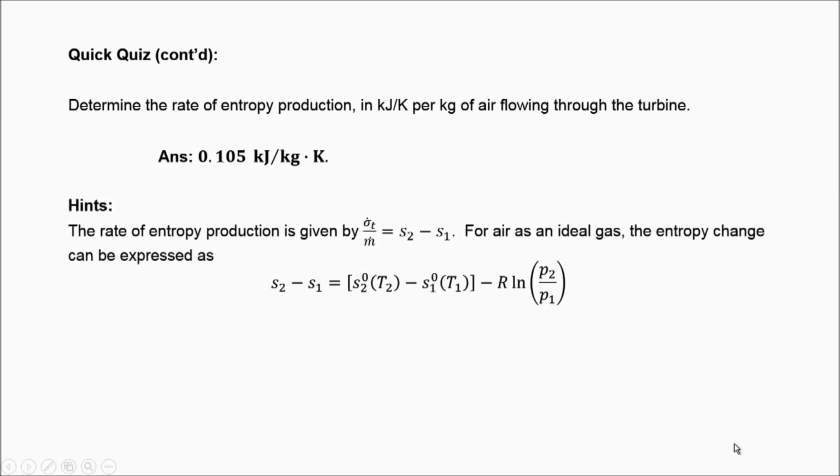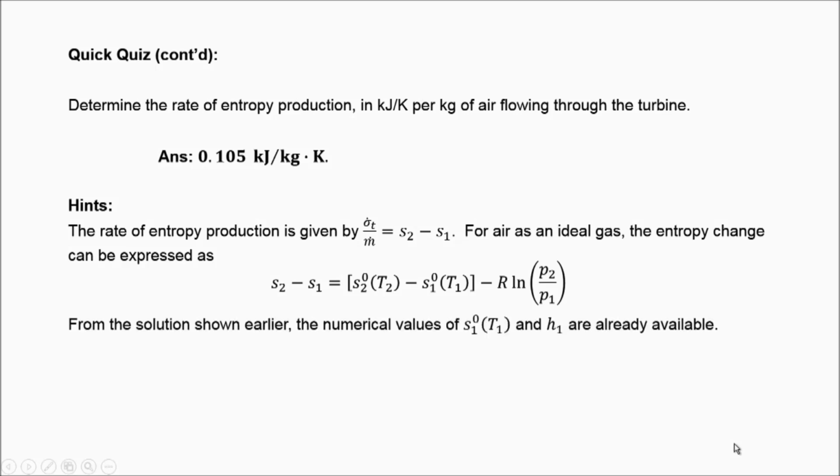If you still do not get the correct answer, here are a few hints. The rate of entropy production is given by sigma dot over m dot is equal to s2 minus s1. For air as an ideal gas, the entropy change can be expressed as s2 minus s1 is equal to s02 of T2 minus s01 of T1 minus R log of P2 over P1. From the solution shown earlier, the numerical values of s01 of T1 and h1 are already available.